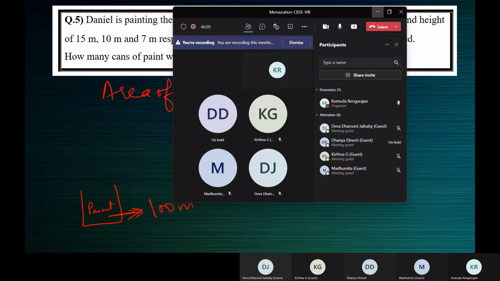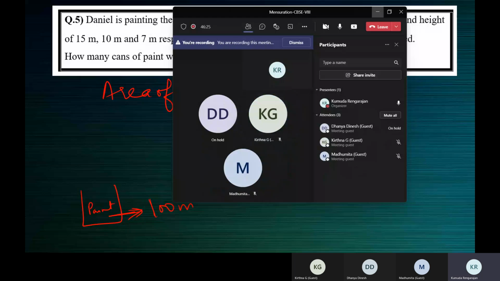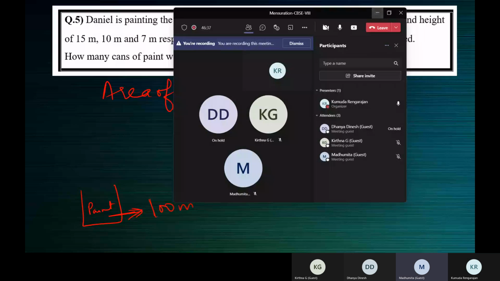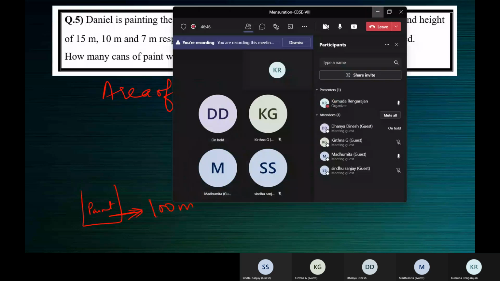Danya? Yes, ma'am. Kirtna, can you hear me clearly? Yeah, ma'am. At the beginning, it was breaking, ma'am, but now it's fine, ma'am. Okay, Madhumita says it's fine. Kirtna, fine. Danya? Oh my God. Ma'am, I think Danya has put her meeting on hold, ma'am, by mistake.